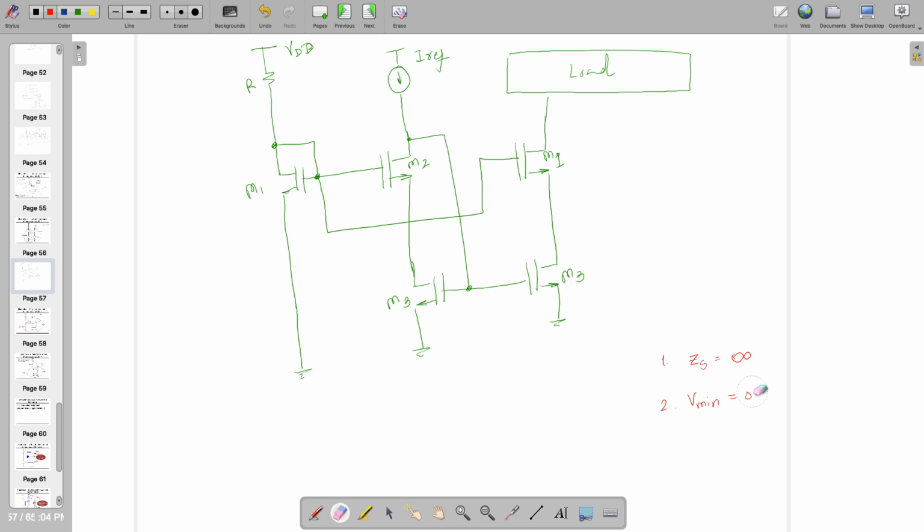In the source impedance, we were seeing Gm times Rho square in the case of Cascode, and V minimum as 2 V on plus VTH. This is what we have seen. So I'm saying that we are not going to do that. We are going to allow my circuit to have 2 V on at the output. So let's fix this, that I am going to see 2 V on.